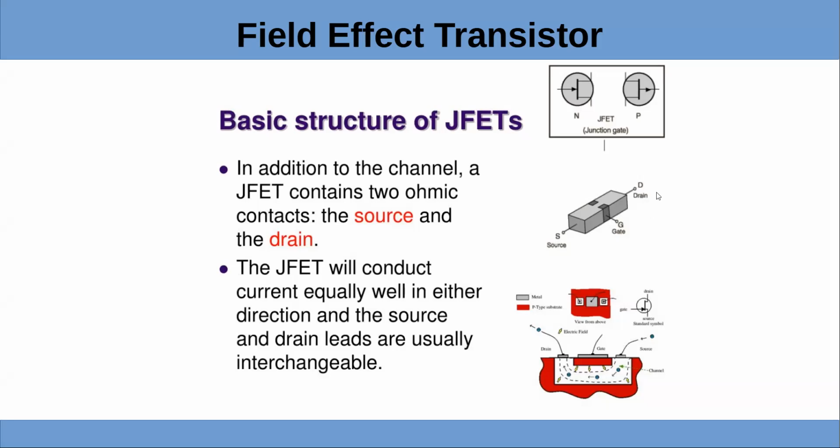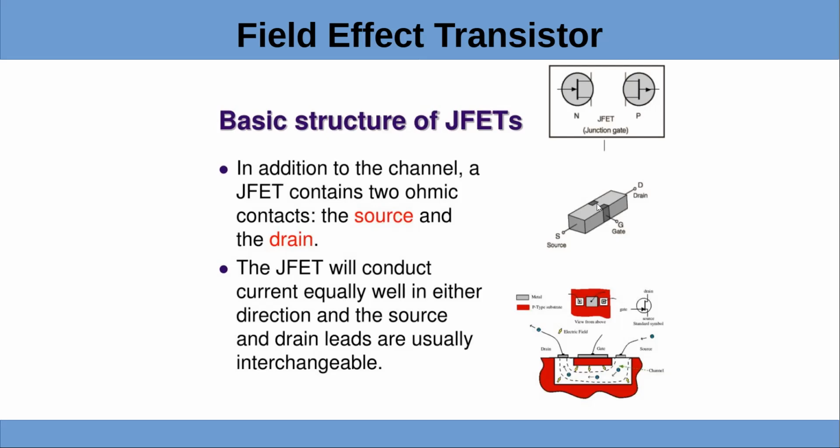And this shows an example of how they're constructed, with the gate being in two pieces, and you apply the voltage there, which creates an electric field. That's why they call it a gate, because it gates the electrons depending on how high that field is.